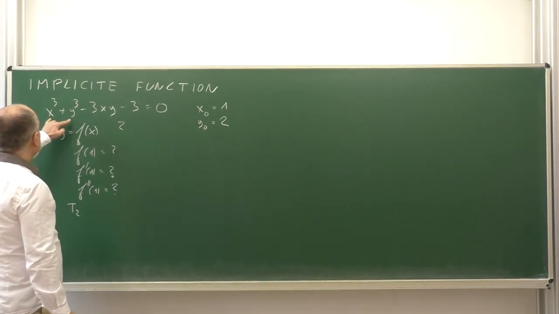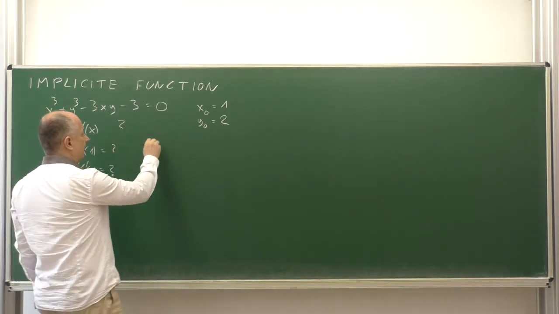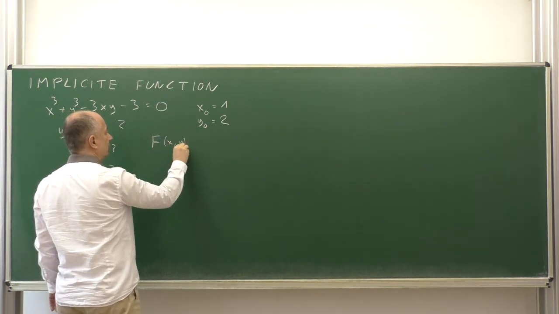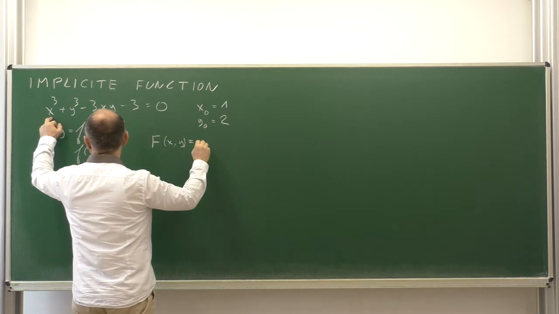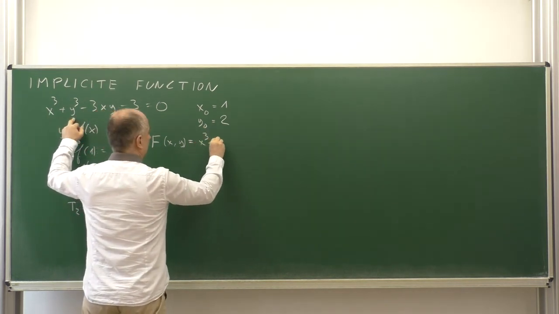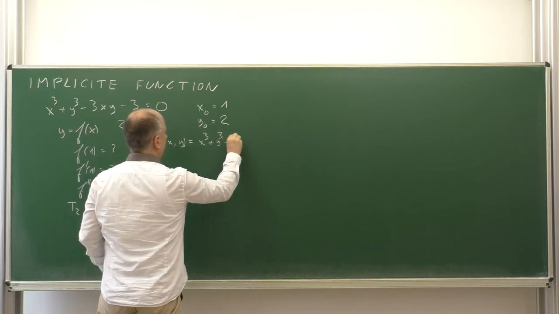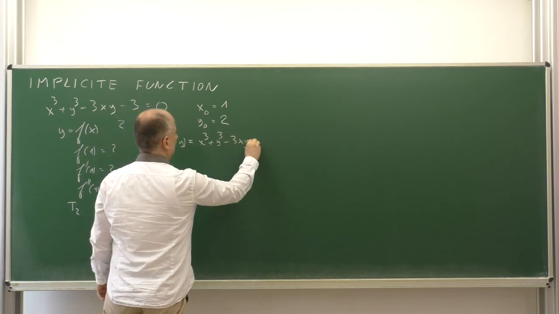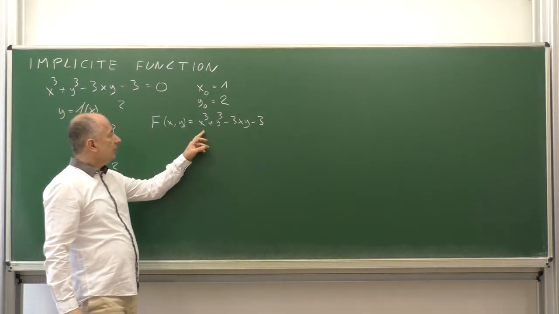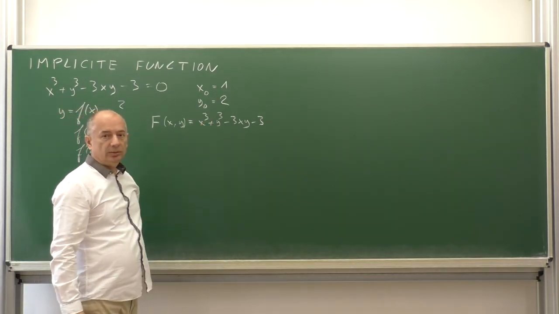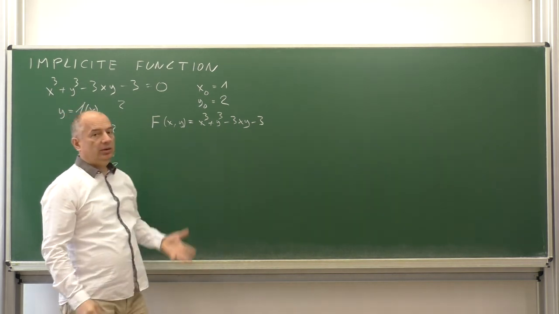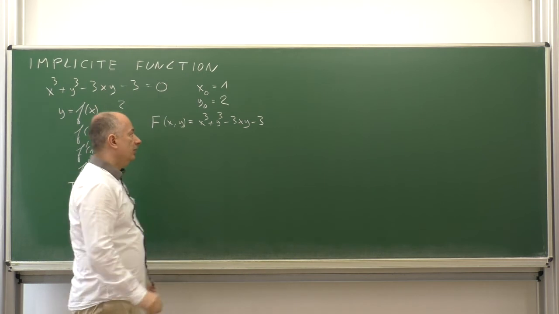So first, let's denote the left-hand side as a function capital F. This will be a function of two variables, and we just copy the formula on the left: x cubed plus y cubed minus 3xy minus 3. This function is continuous at this point. Actually, it's continuous everywhere, and as a polynomial, it has derivatives of any order.